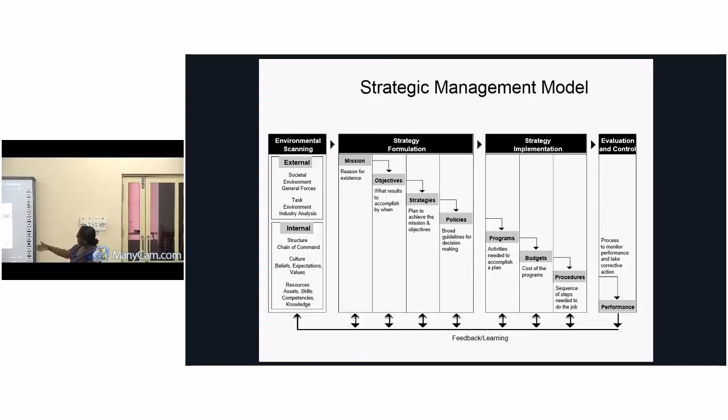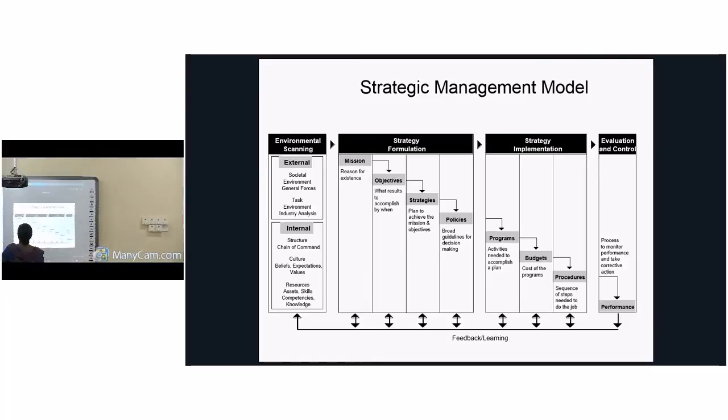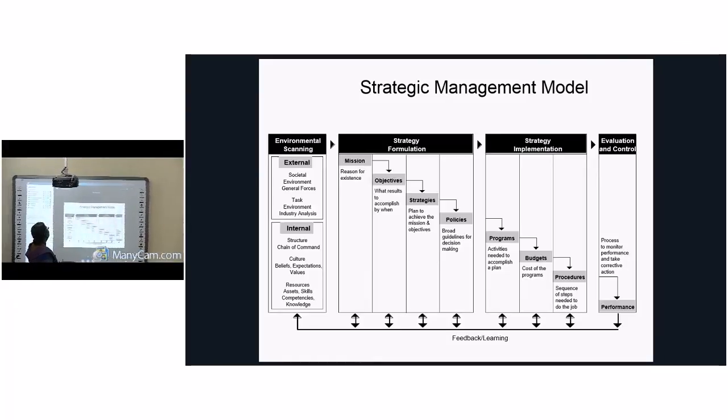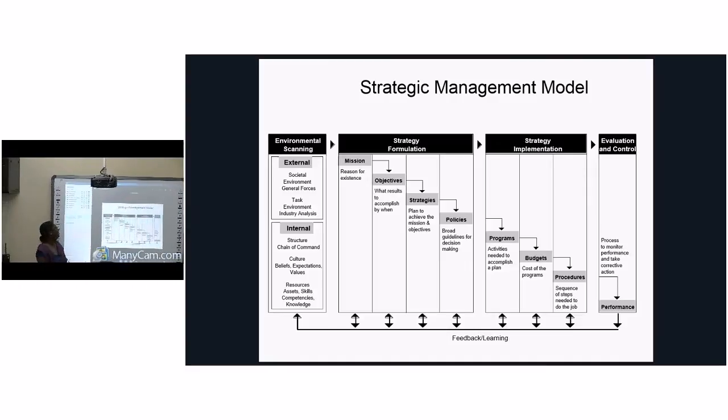The first step is environmental scanning, then strategy formulation. After doing the environmental scanning, you formulate the suitable strategies, and then strategy implementation, strategic evaluation and strategic control.